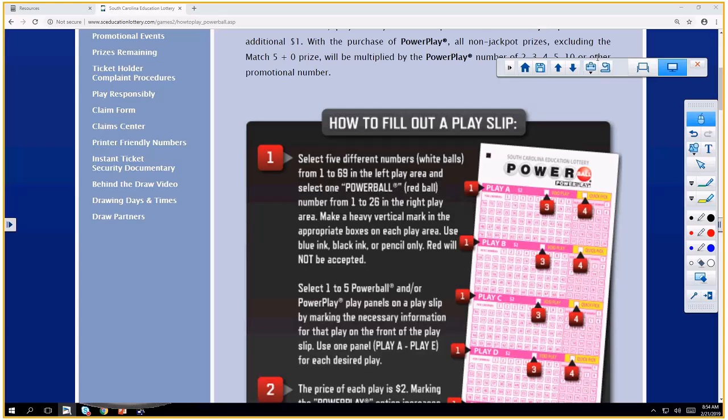So, with that being said, you're going to have 1 over 69 combination 5, times 26 combination 1, which is going to be 26.